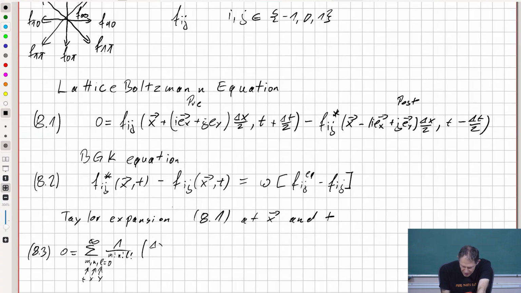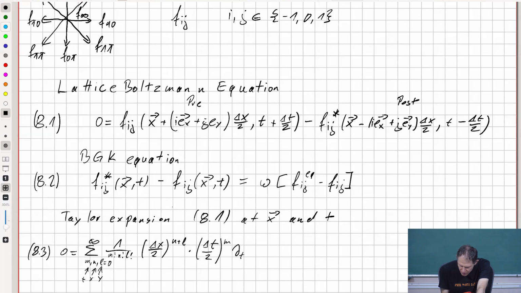It comes with dx half to the power of n plus l. So dx half, because we go half a step, half a step. We also go half a time step, dt half to the power of m.